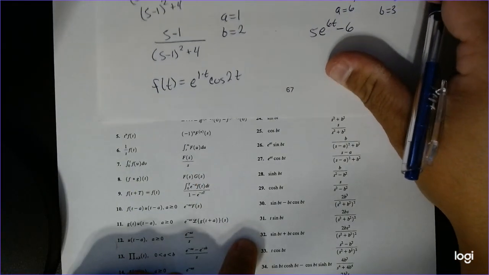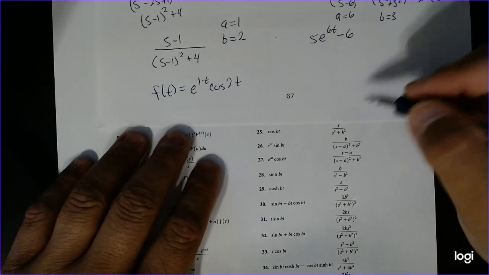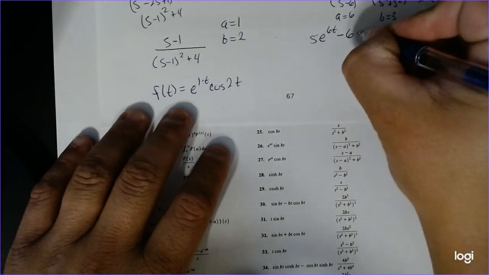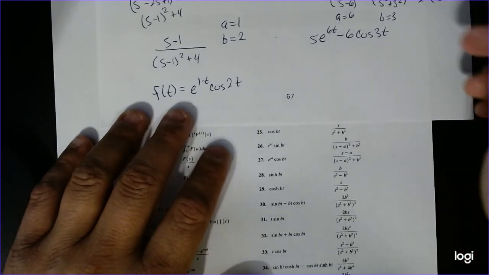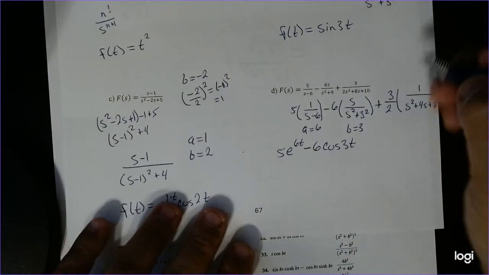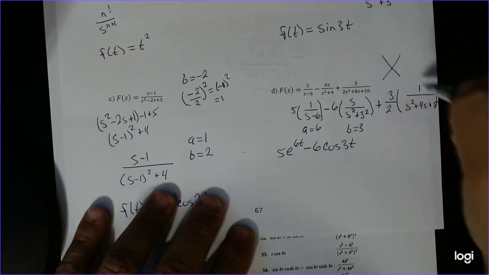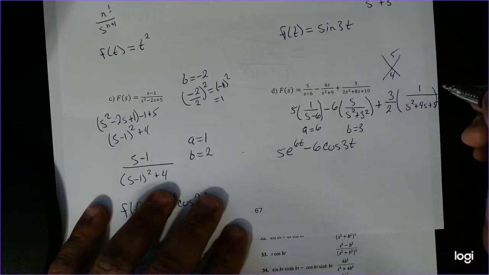Where was it? Here it is. So there we go. So this is going to be 6 times cosine of 3t. Okay. And now the last one, hopefully we can factor. If not, we'll just do the same thing we did last time. And let's see, it's 5 and 4. Now I don't think it looks like it.